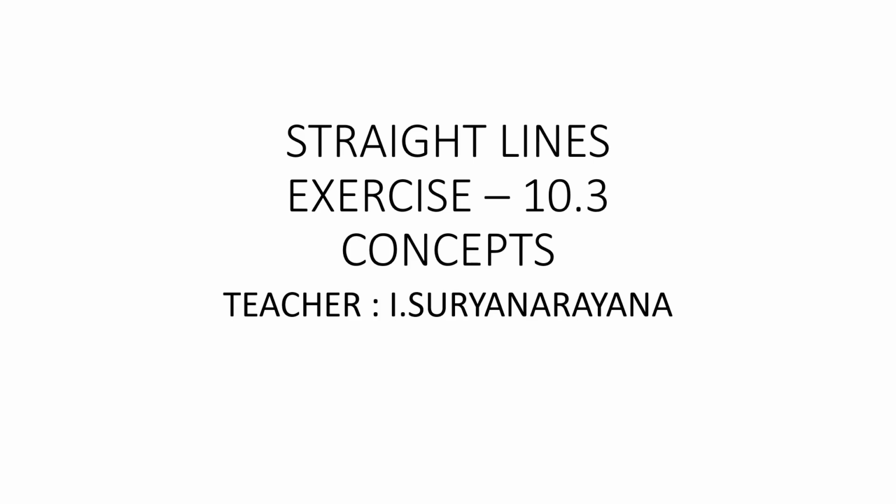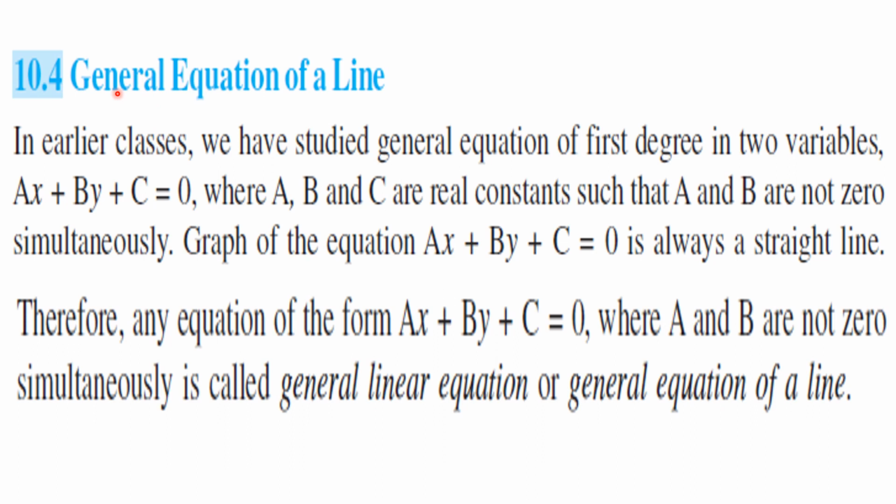Okay, my children? Right. Now come to the first point, the general equation of a line. In earlier classes, we have studied the general equation of first degree in two variables. That is ax plus by plus c is equal to 0, where a, b and c are real constants such that a and b are not 0 simultaneously.